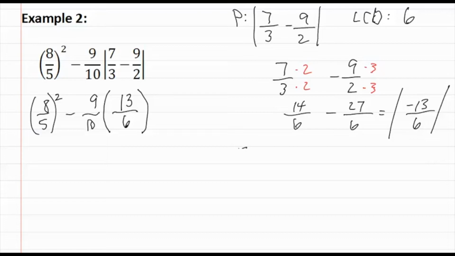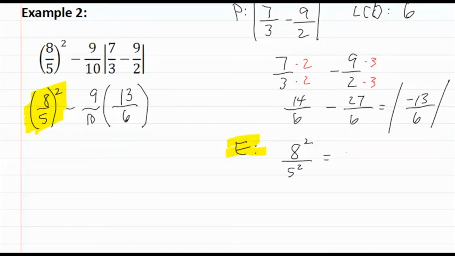So now let's move on to the second step of exponents. As you can see, there are exponents in this problem. So we have 8 squared over 5 squared, because remember, you give the exponent to both the numerator and the denominator. This gives us 64 over 25. Let's put that back in the problem.